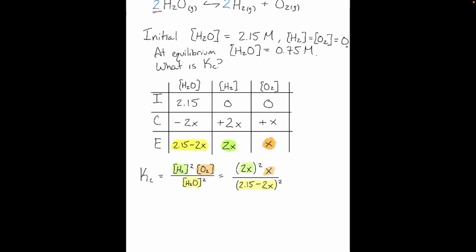And then to go about solving for my value for x, I'm going to use the fact that at equilibrium, the concentration of water is 0.75 molar. So what does that correspond to in terms of these colored boxes here? The yellow, the green, or the orange? The yellow, right? The water at equilibrium is that 2.15 minus 2x.